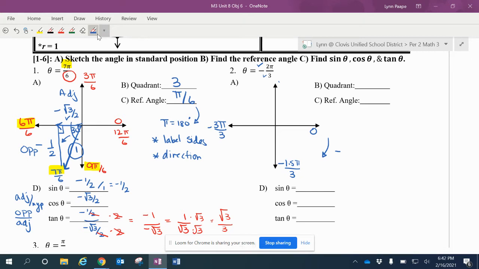Or you can recognize that you already have -2pi in between -1.5pi and -3pi. So I know that I would draw that somewhere over here, and that would give me -2pi/3. That would be in quadrant 1, 2, 3. So that's in quadrant 3.